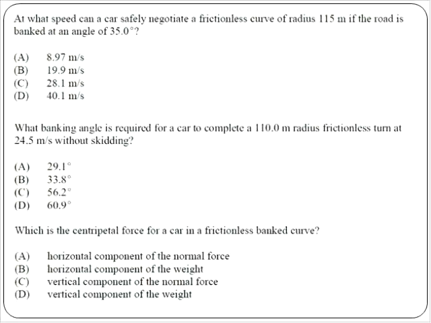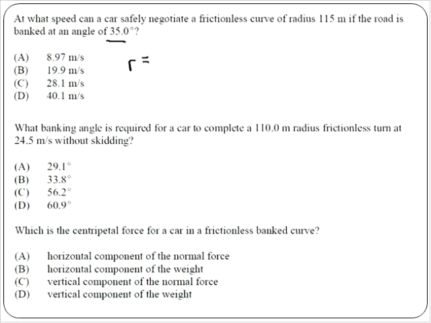At what speed could a car safely negotiate a frictionless curve with that radius? Well, as soon as you see a banking angle, as soon as you see bank turn, you know that it's this equation.